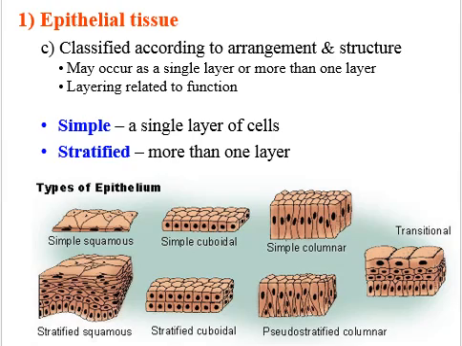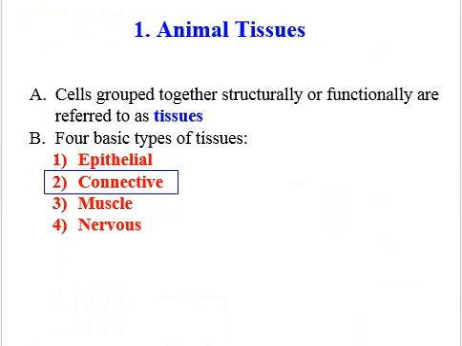And sometimes you find different types of epithelial tissues, where you might have squamous cells on top of cuboidal cells. So there's a number of different possibilities. There's the cell type based on its shape, and then there's whether these cells form layers, simple or stratified. So epithelial tissue carries out some really important functions.